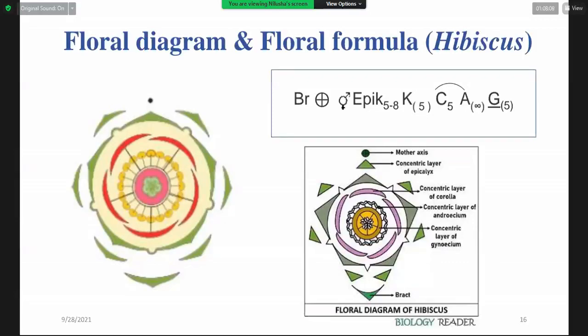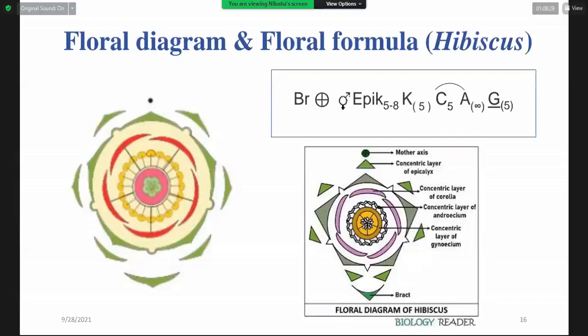So we draw the epicalyx in greenish color in separate condition, formed around the flower. Is it okay? Yes, ma'am.